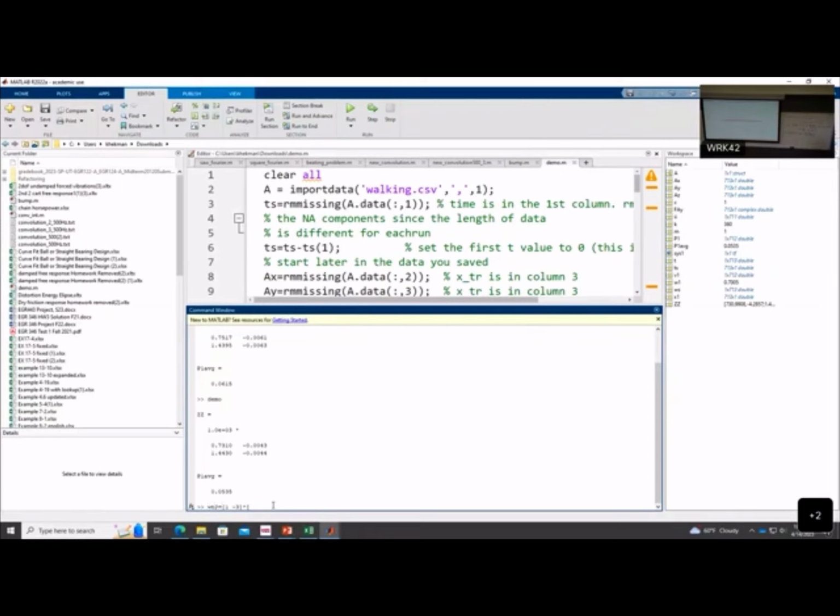So 1 minus 3 times [6 -4; -4 5] times [1; -3] divided by 42.